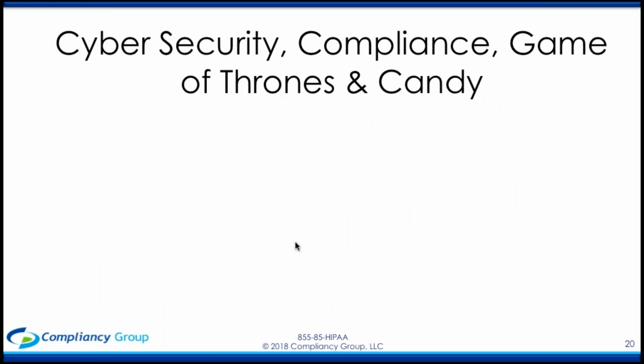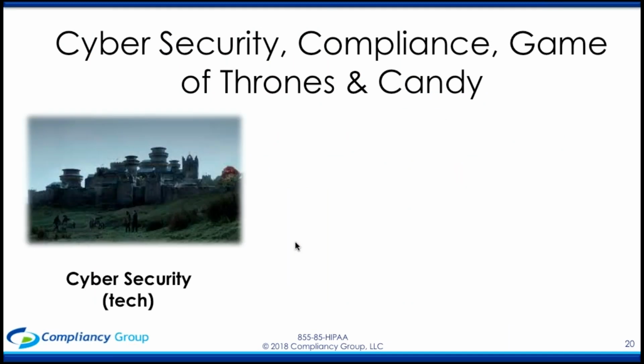So just to kind of make it interesting, I take cybersecurity, compliance, and Game of Thrones and candy and bring them all together to try to visually help you understand this point. If you're a Game of Thrones fanatic, hopefully there's no spoiler in here for you. The first thing that most people think compliance or security is about is the hard walls around your information. Okay, firewalls is the most common thing that you hear people reference.